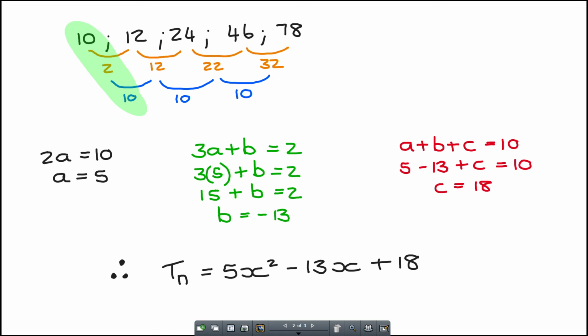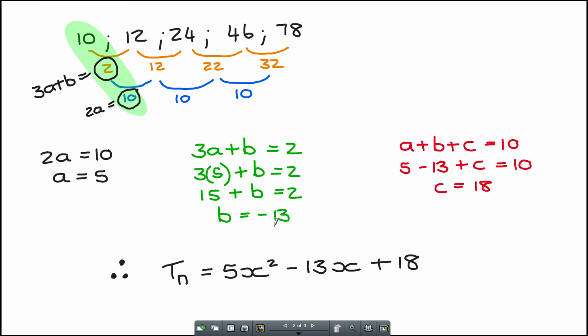Okay, now I know that this first part, 2a will be equal to that 10. En dan gaan werk ek uit, a is 5. Now, that one, 3a plus b will be equal to that 2. Dan gaan stel ek hierin as a 5 is. So met ander woorde 3 maal 5 gee my 15, so b will be minus 13.